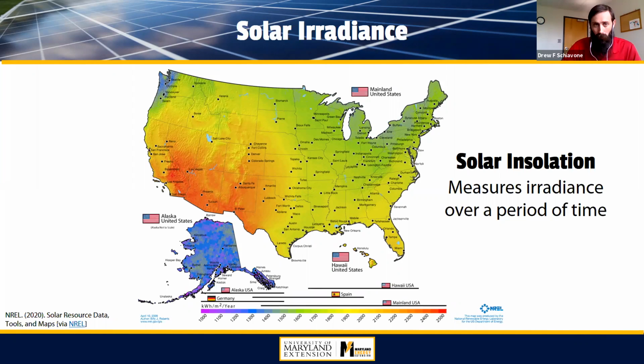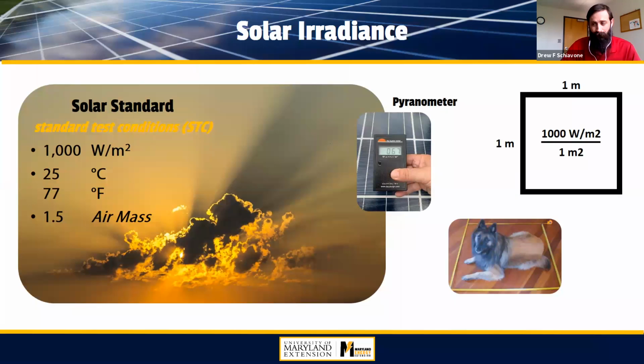So again, that's one way to look at it. But what I'll say is when the manufacturer has developed that panel, it goes through testing procedures, and this is done at what's called the solar standard or standard test conditions, STC. This is important for us, that all panels go through this evaluation at the same conditions so that we have a good comparison between the systems.